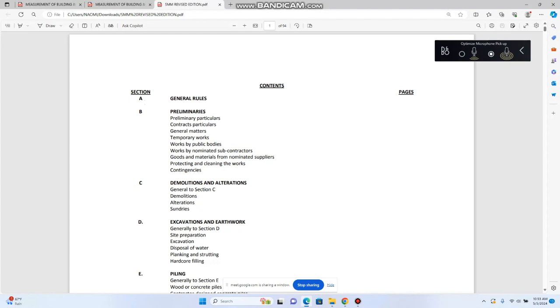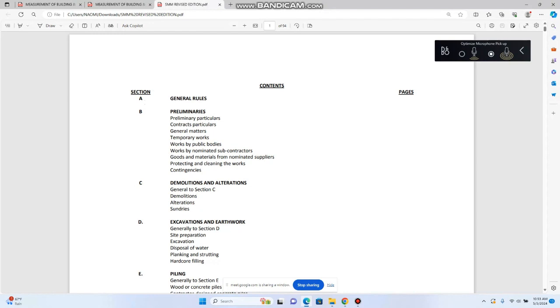It gives us the rules for measuring. If you take it by itself, you can read it and understand what it means and what its work is. It has everything in it. Actually, you don't need to be told about the SMM. You can just read it and understand what it talks about and how you should measure using it. So in section A, that is where the SMM is explained.